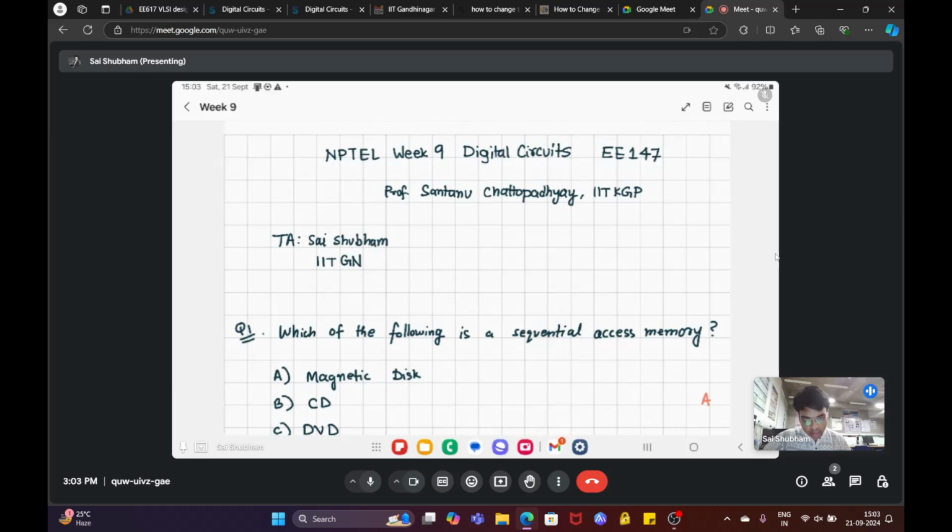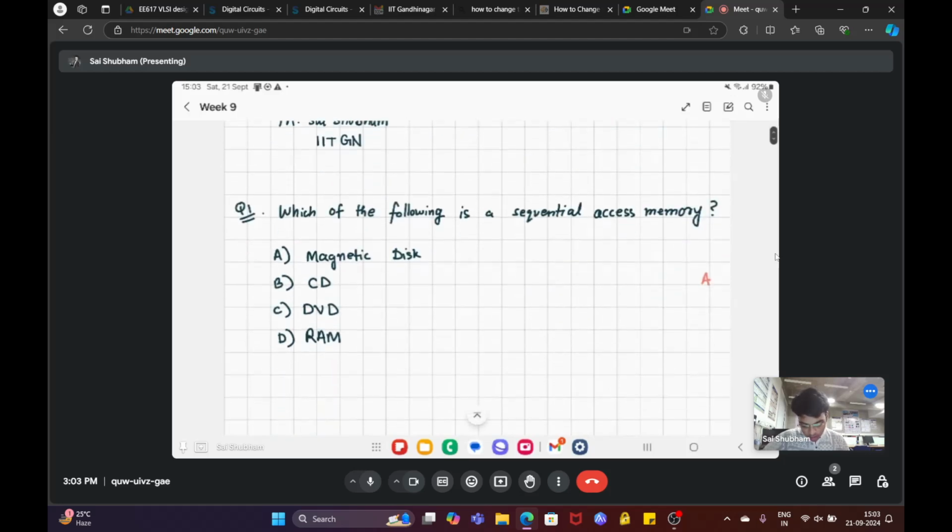Okay, so let's start today's questions. Which one of the following is a sequential access memory? You have a couple of minutes to think and answer the question.